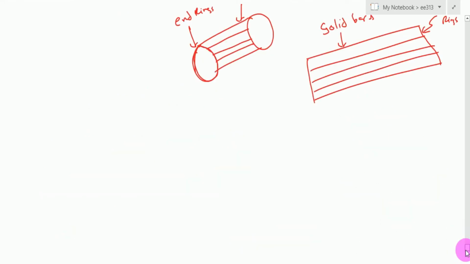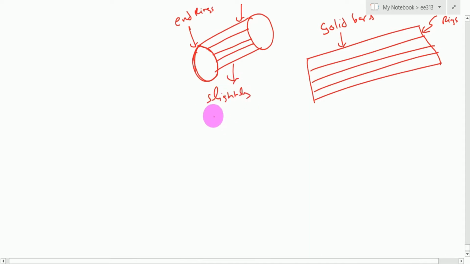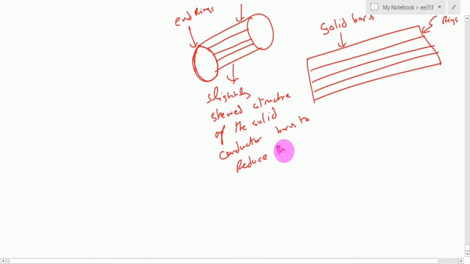Now, before we move further, I just need to elaborate one more thing: these wires are not made parallel. Rather, we have a slightly skewed structure of the solid conductor bars to reduce the mechanical hum.